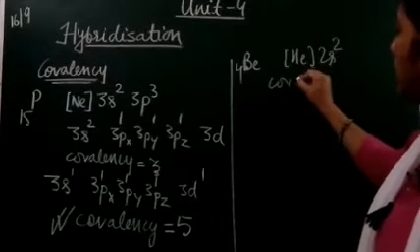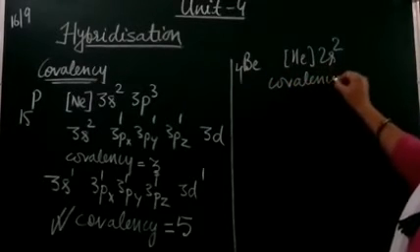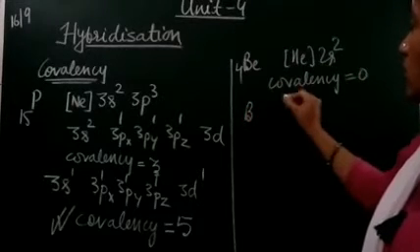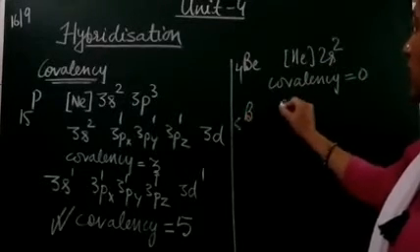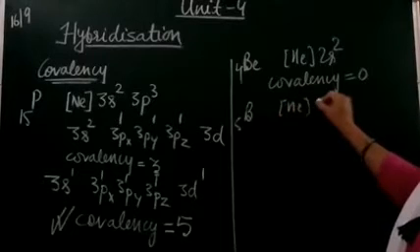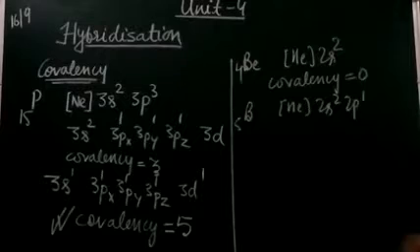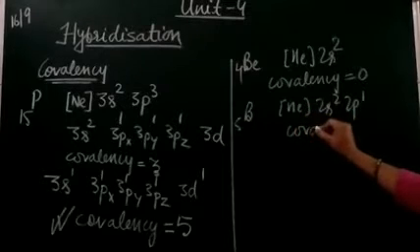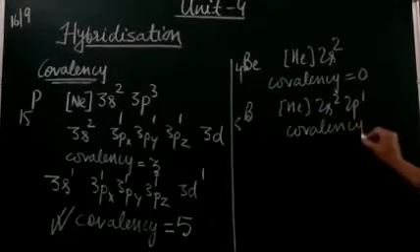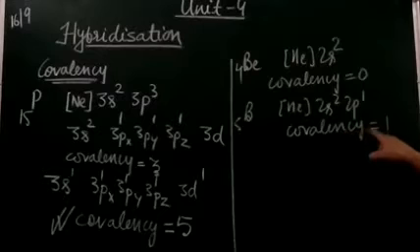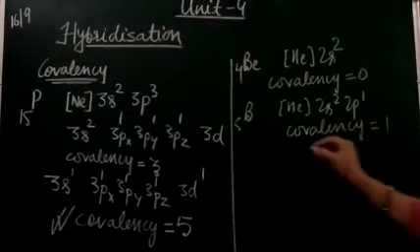So the covalency is going to be 0. Similarly, boron, you know it's 5. So here it is 2s2, 2p1. So student, the covalency here is going to be 1. That is, it is going to form compounds where it extends its valency to a maximum of 1 only.